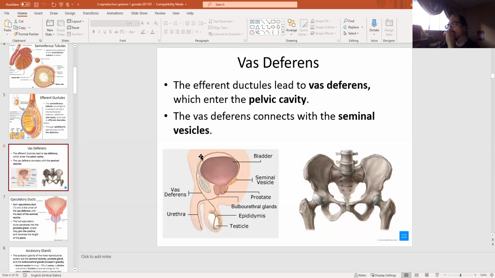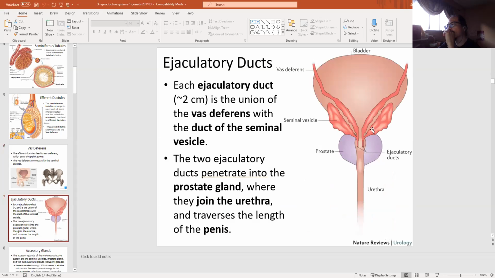So it's very clear that we have the vas deferens going to both left and right, going in and getting the fluid from the seminal vesicles, and then it goes through the urethra.